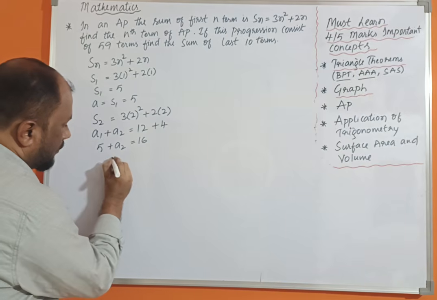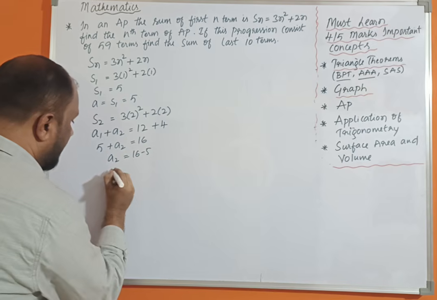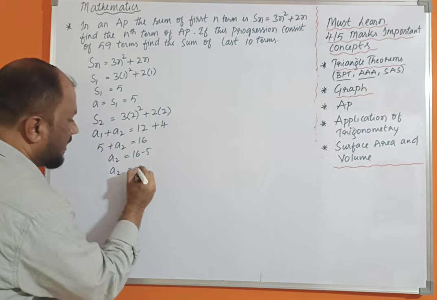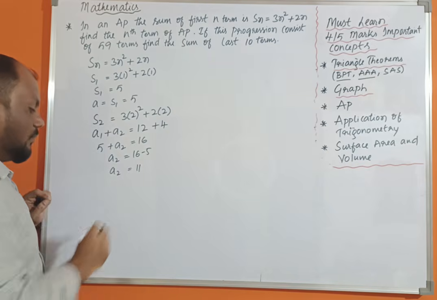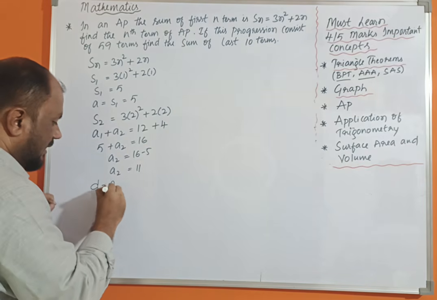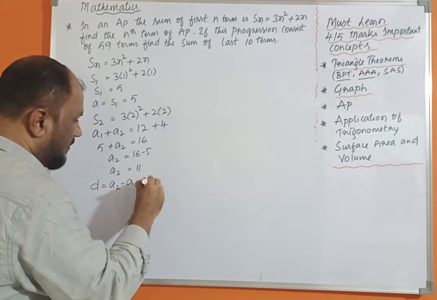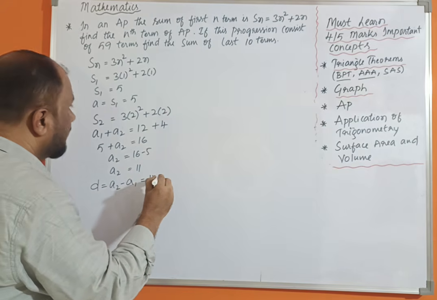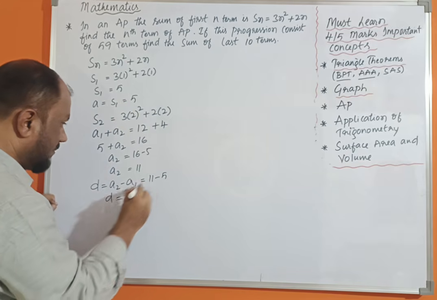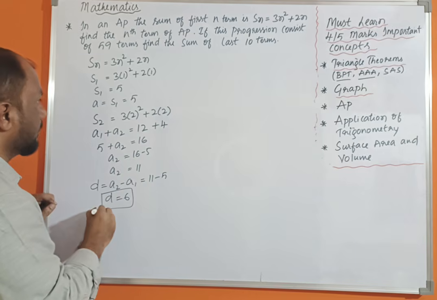Now A2 is equal to 16 minus 5, 11. We got A2. Now it is very easy to find out D. D is equal to A2 minus A1. What is your A2? 11. What is your A1? 5. So D is equal to 11 minus 5, which is 6. This is D.